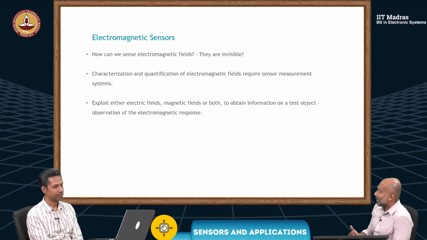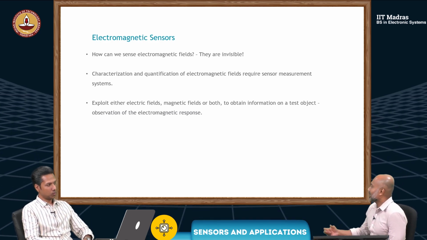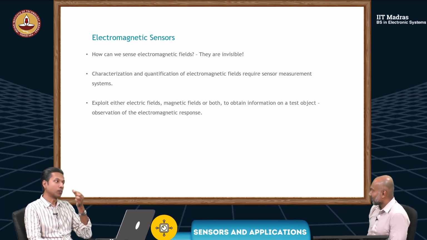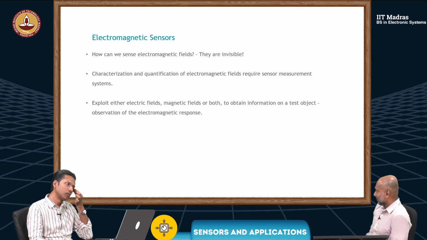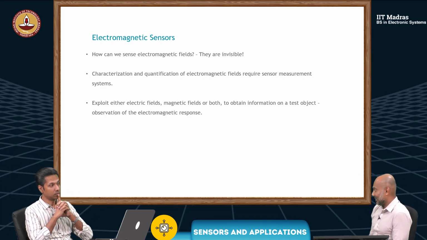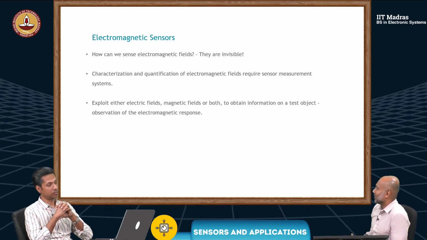So if we are to know, for example, the strength of a magnetic field or the strength of an electric field, how can we do that? We will have to somehow measure it. So this is where electromagnetic sensors come into the picture.